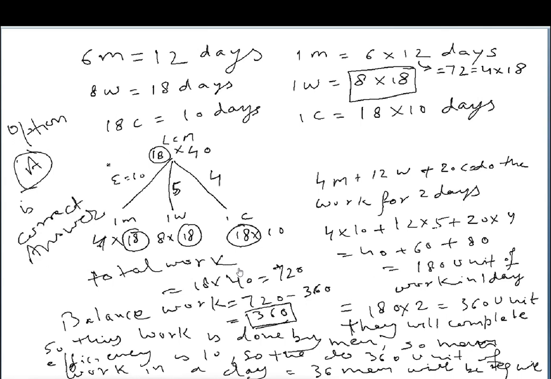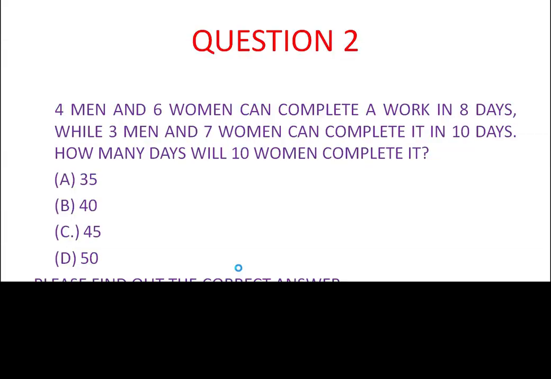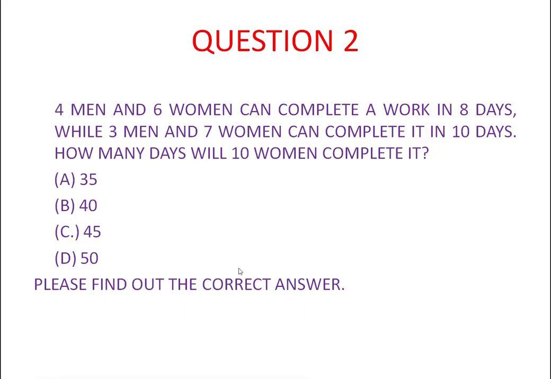Now we will go to question 2. Question 2 is a little bit easy question. 4 men and 6 women can complete a work in 8 days, while 3 men and 7 women can complete it in 10 days.